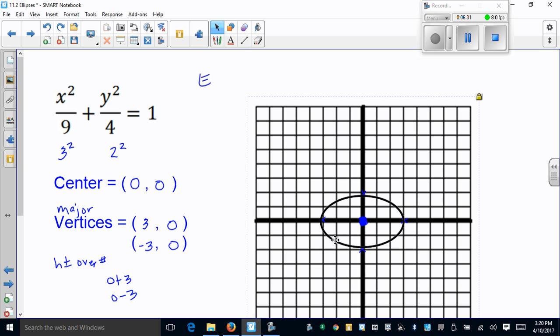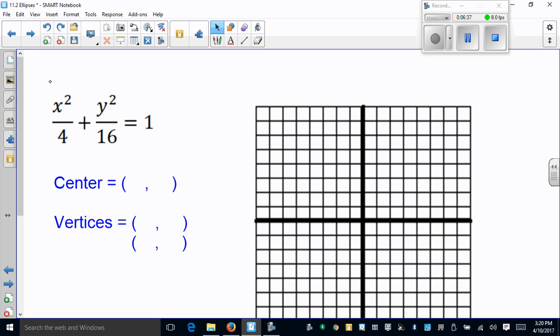Again, on this one, the center is 0, 0. My cross number is 2 squared. This one is 4 squared. This number is larger, so this is going to be a Bert. It's just going to go this way. So my X values won't change, only my Y values.